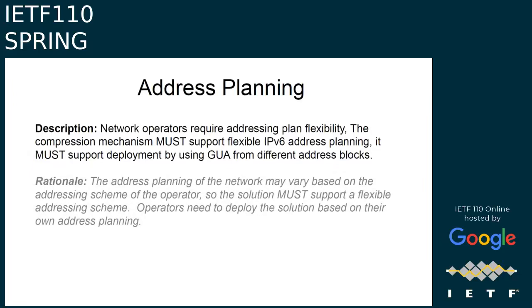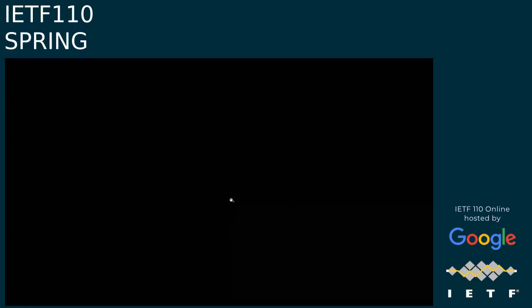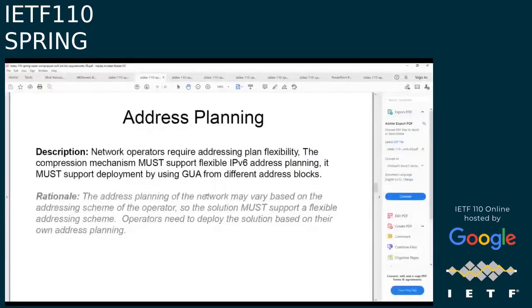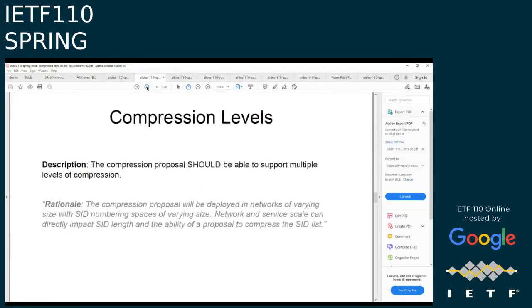So the deployment by using GUA from a different address block. So this is for addressing planning. Next page.